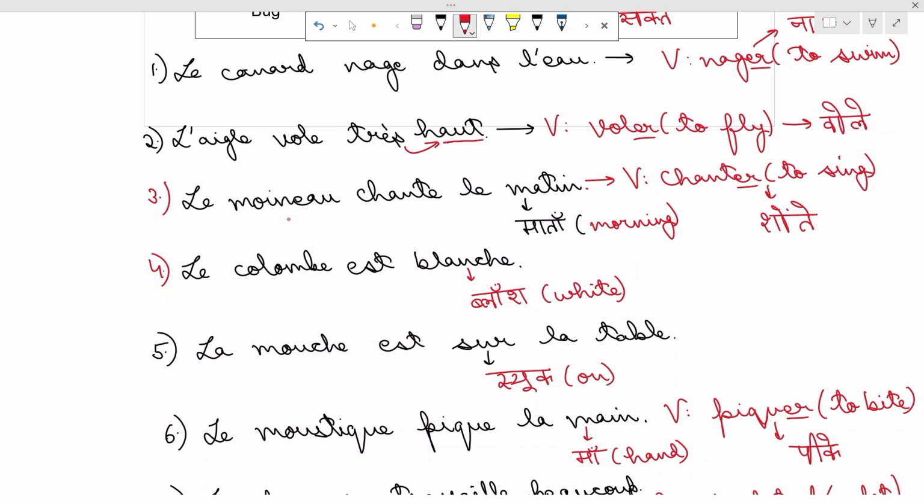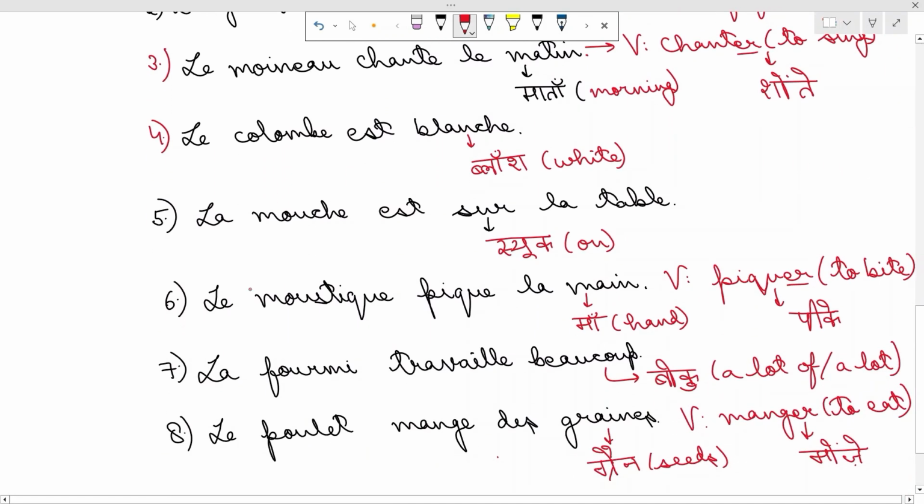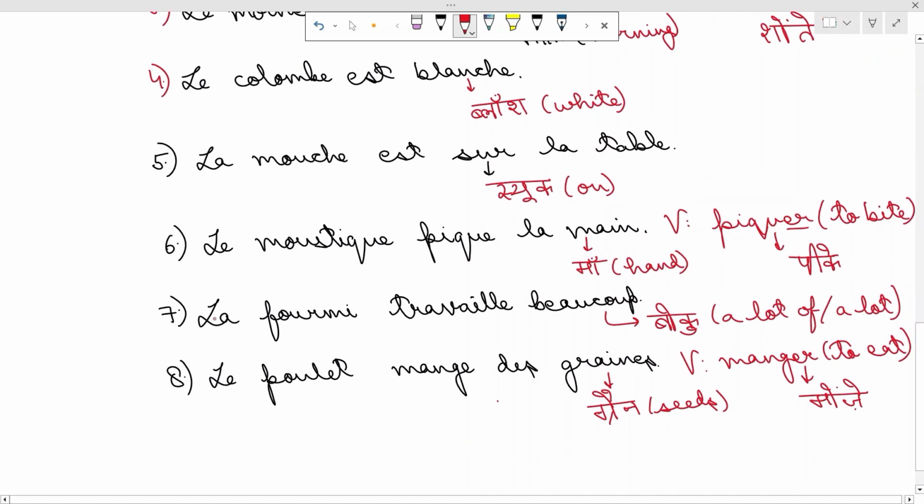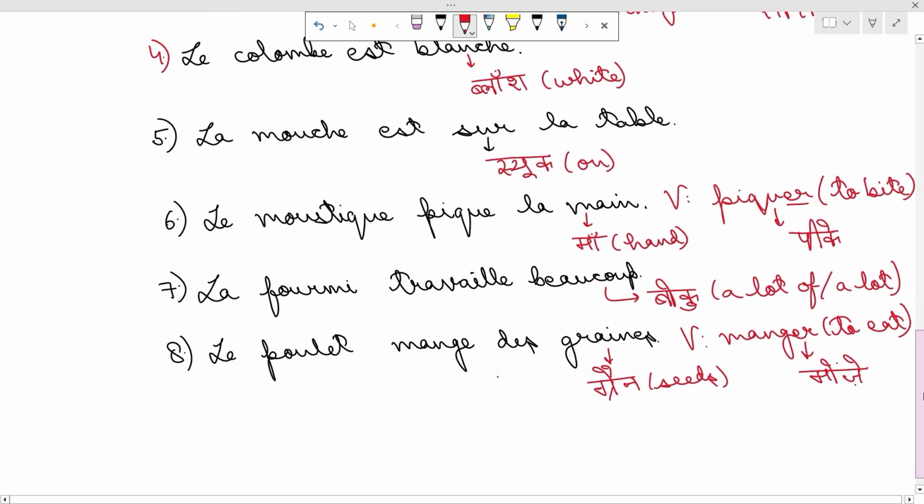Third one, le moineau chante le matin. Fourth one, la colombe est blanche. Fifth, la mouche est sur la table. Sixth, le moustique pique la main. Seventh, la fourmi travaille beaucoup. Last one, le poulet mange des graines.